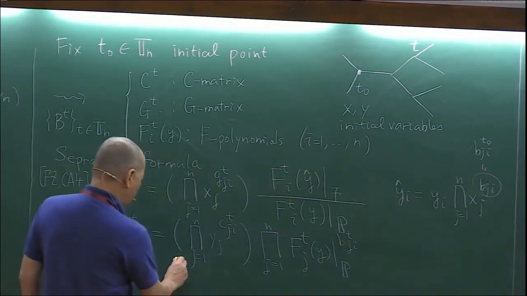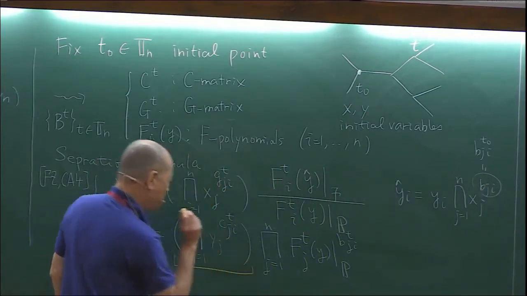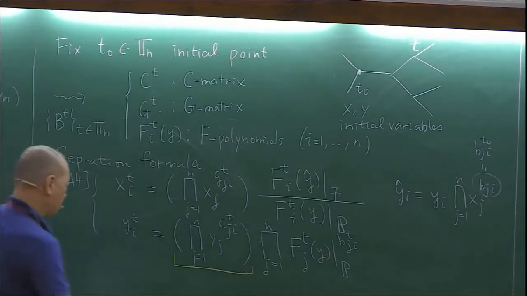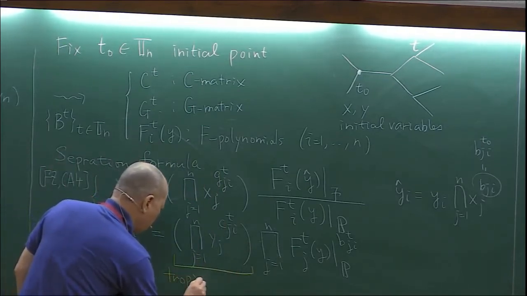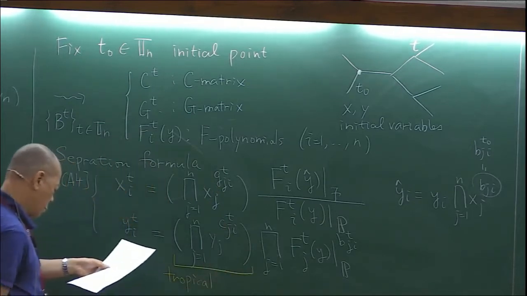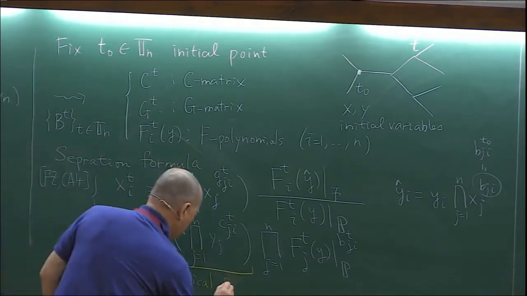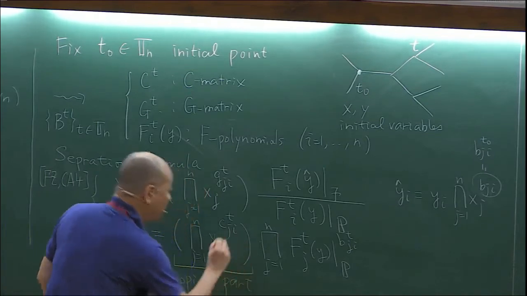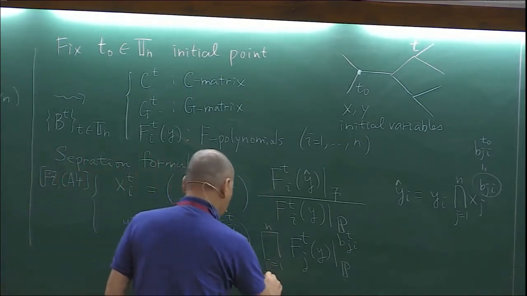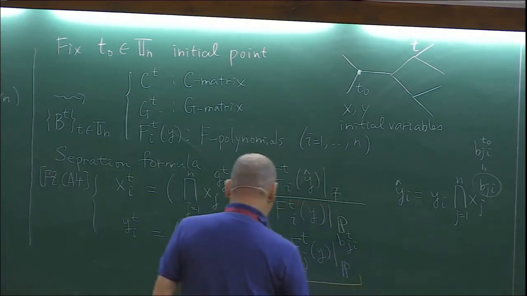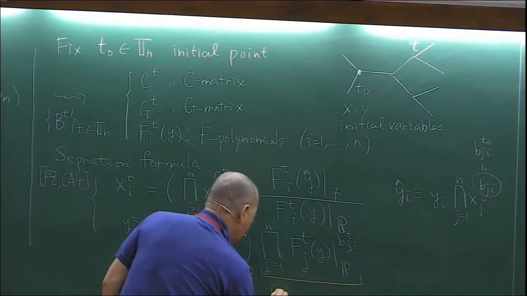First of all, this part is regarded as a tropical part. I'm going to explain more precisely later, but at the beginning, in a very simple way. And this part is considered as a non-tropical part.